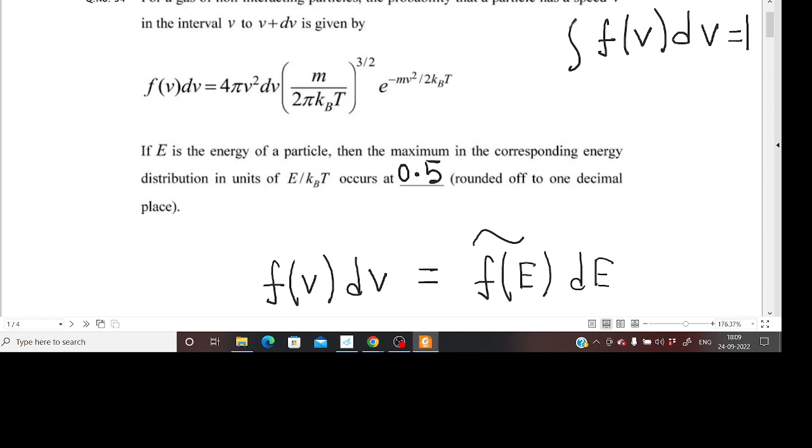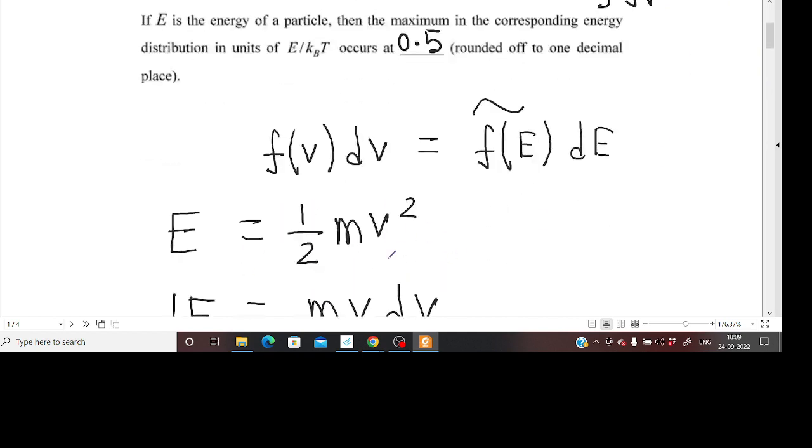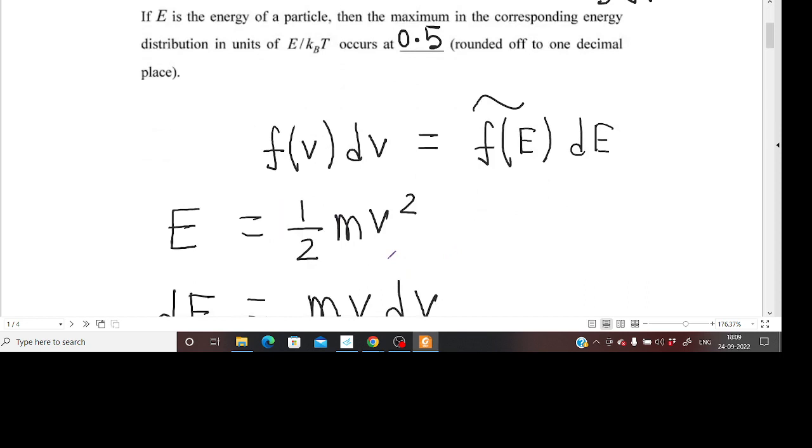This is clear? Okay, now the same thing holds for energy, right? This is equal to 1. So these two integrals are equal, so we can write it like this: f(v) dv equal to f tilde(E) dE.